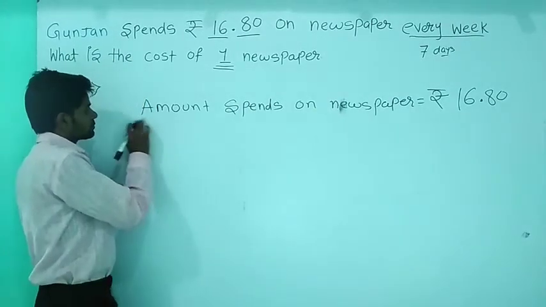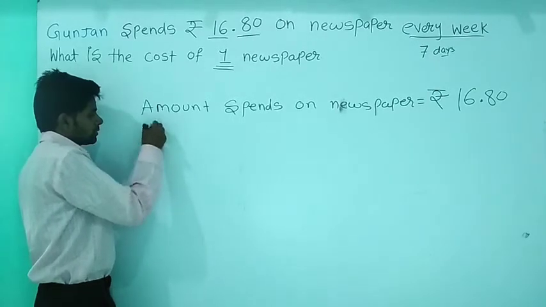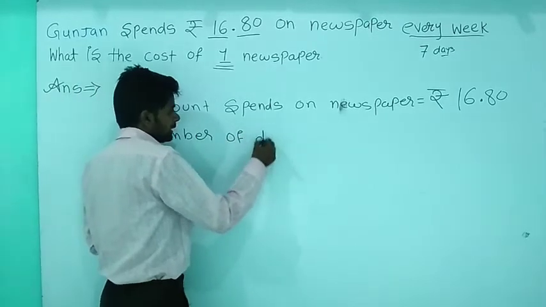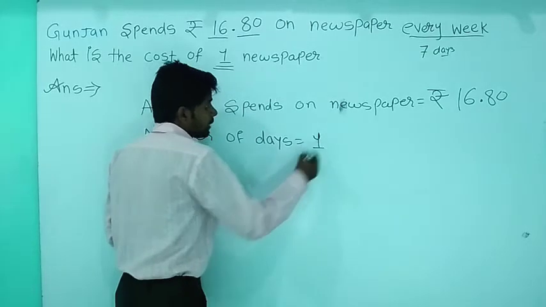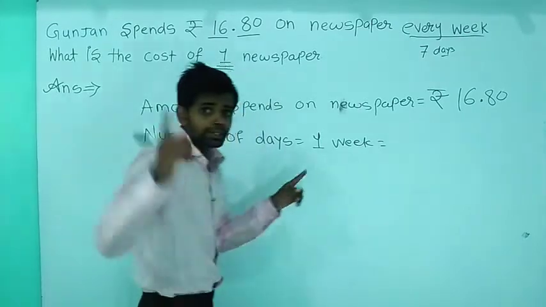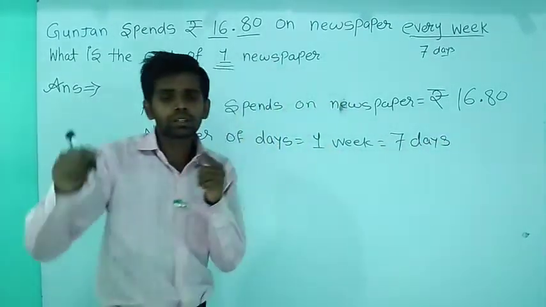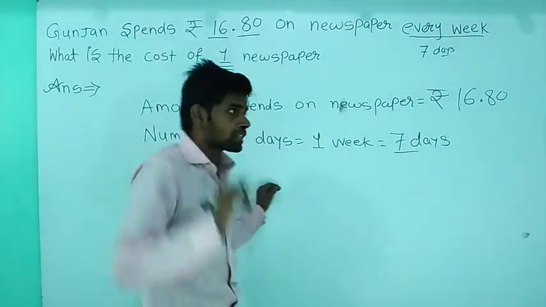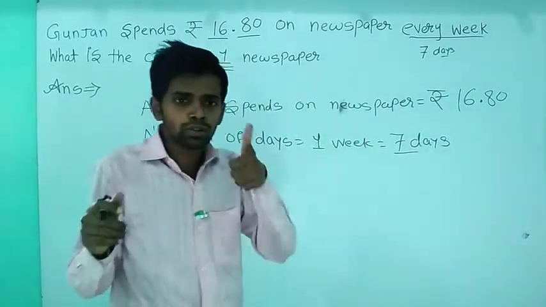Okay, then we will write number of days is equal to 1 week, that is equal to 7 days. That means for the cost of newspaper for 7 days, the expense is 16 rupees and 80 paise.